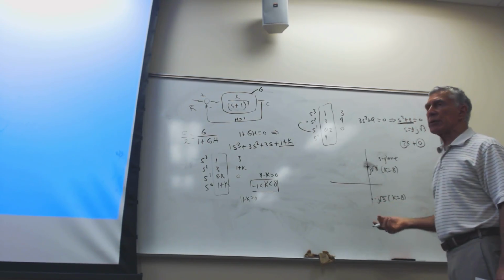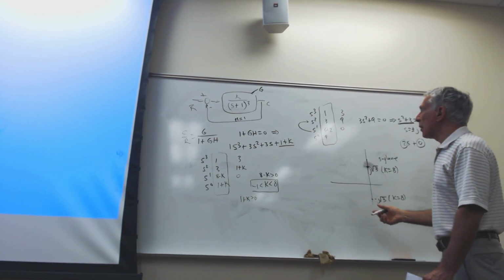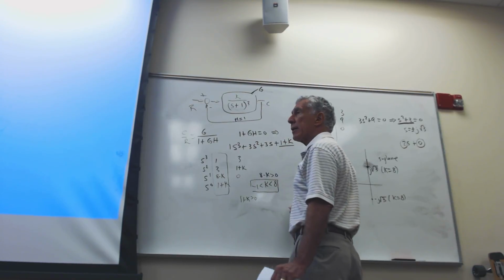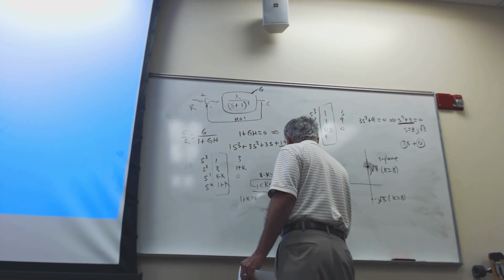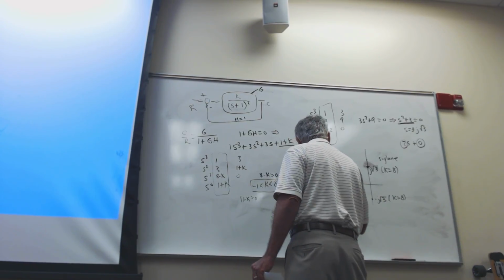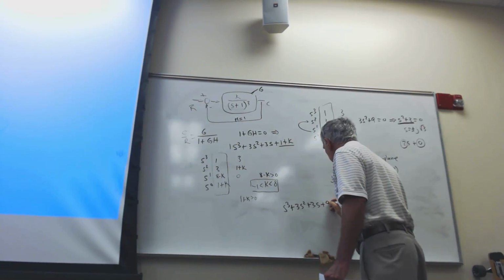And the third pole, we could easily find because we have the characteristic equation here with k equal to 8. It's s cubed plus 3s squared plus 3s plus 1 plus k, which, with k equal to 8, makes it 9.